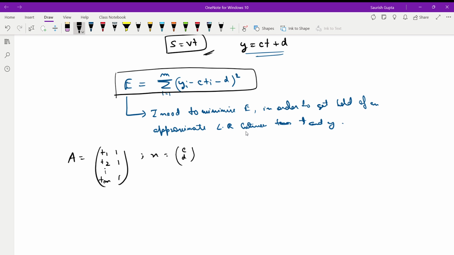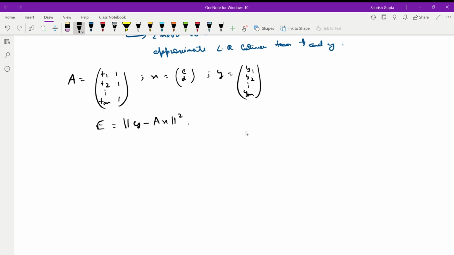I can take X to be the matrix considering the scalars C and D, and I can take Y to be the physical quantities y1, y2 till ym. Then observe, E is basically the norm of Y minus Ax, and the square of it, right? Clear? So this is the standard distance norm, when you are talking about the distance between a line and a point, it is simply the Euclidean distance. You can think of it in this way, right?